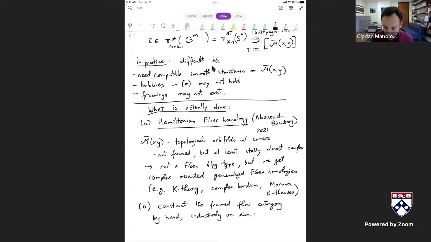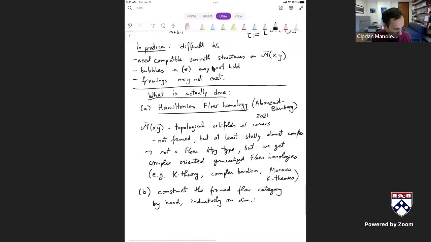That means without moduli spaces. And this can be done when you have a combinatorially defined theory. So from combinatorial data from a knot, you get some homotopy types. So you define this M bar XY. In this case, they're smooth manifolds with corners. There's no problem. And you get your Floer homotopy type.